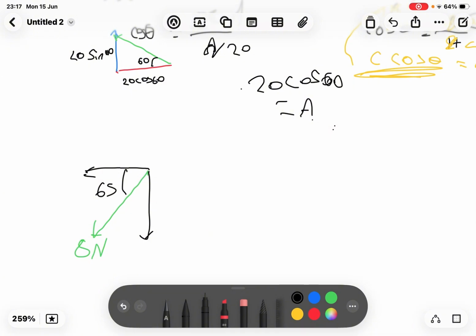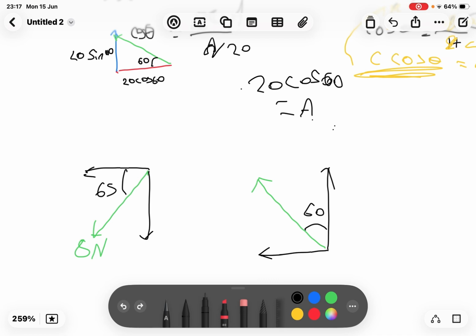You might think that if you flip it once, this is going to be the adjacent, because it matches and all that type of stuff.